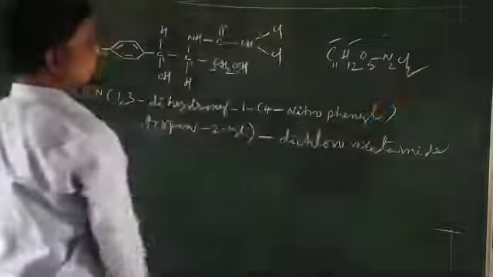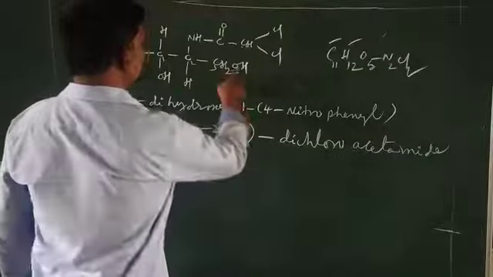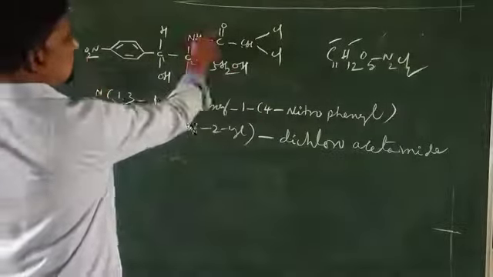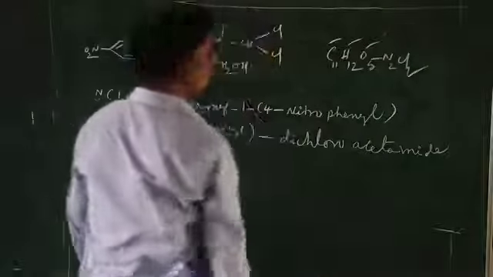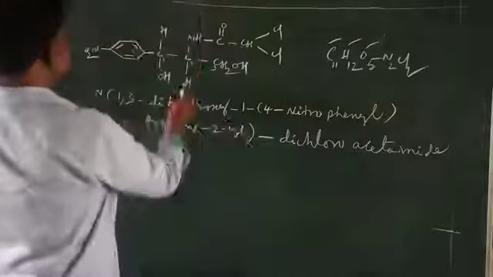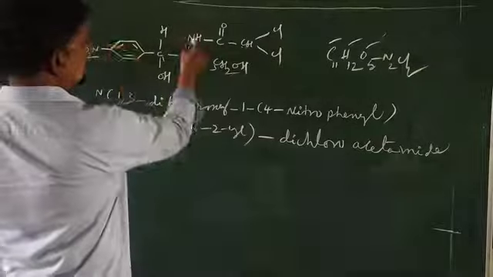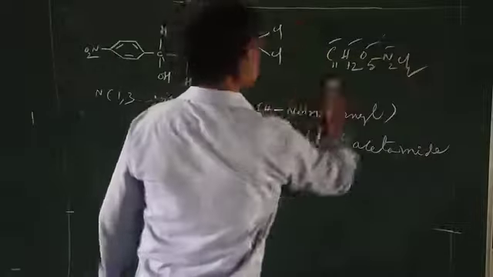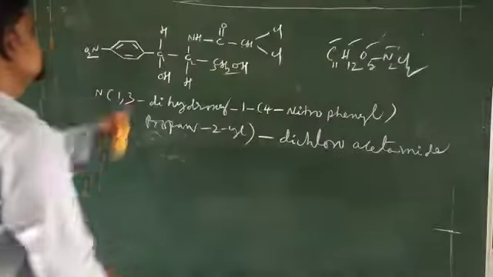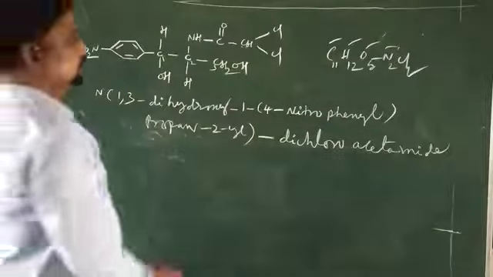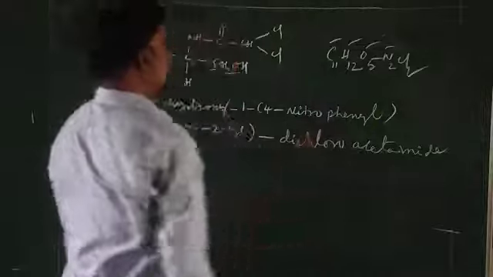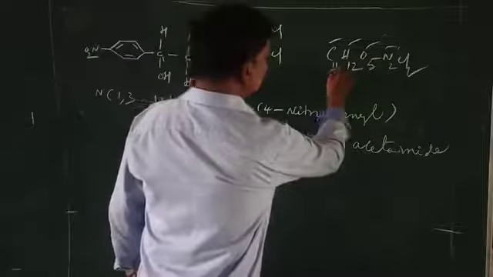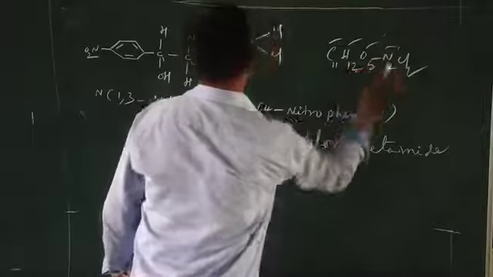H12 it is verified and O5 1, 2, 3, 4, 5. O5 are also verified and N2. Here N is there and also N2 verified. Cl2 are also verified. So this structure is verified, it satisfies the molecular formula. So chloramphenicol molecular formula C11H12O5N2Cl2.